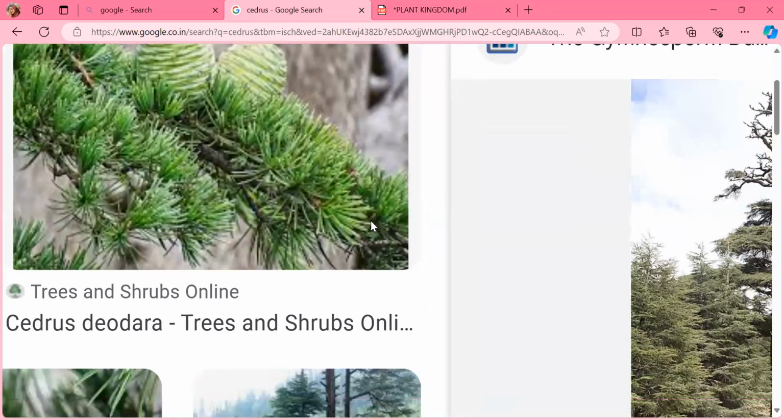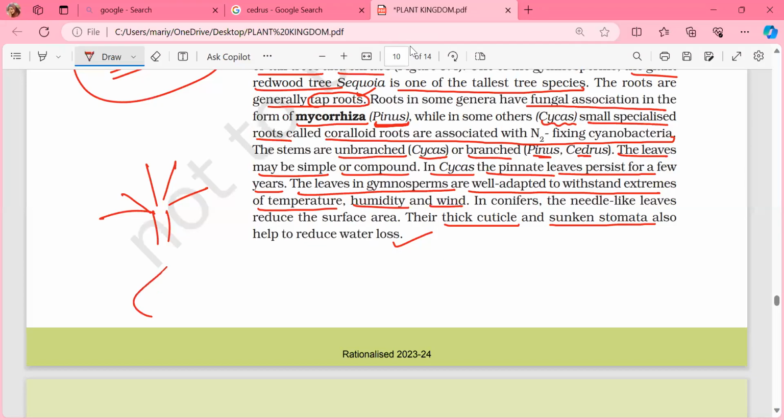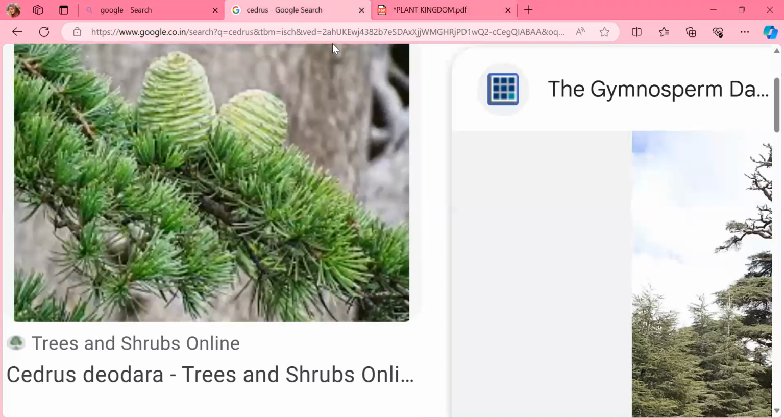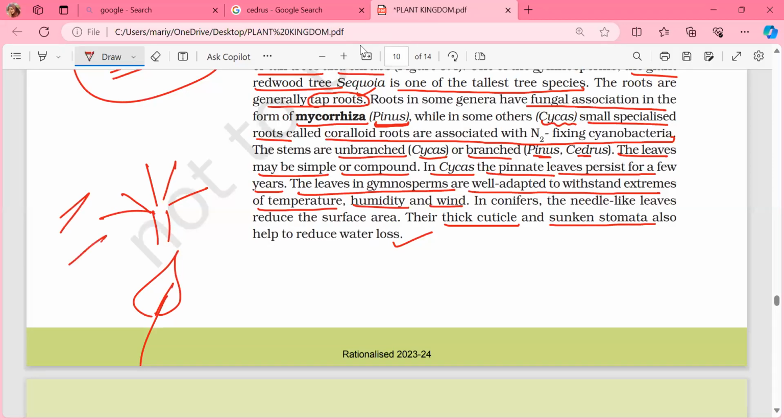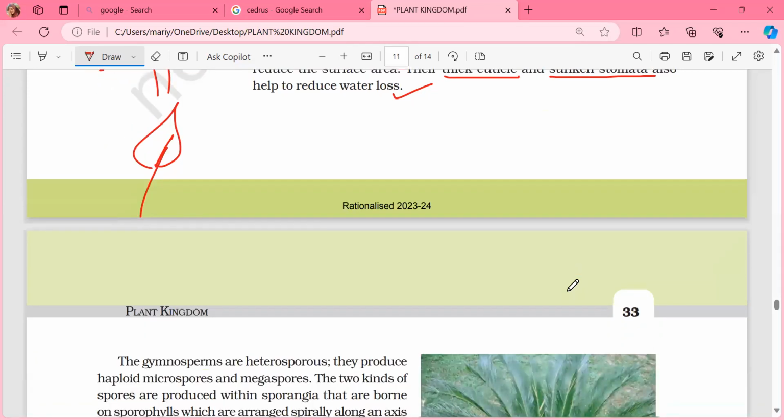No, right? Everywhere you see pokey leaves, like this. So this is an adaptation. They have needle-like leaves. It is a characteristic feature of gymnosperms. Cuticle is the outermost layer of the plant's body. Thick cuticle is there.